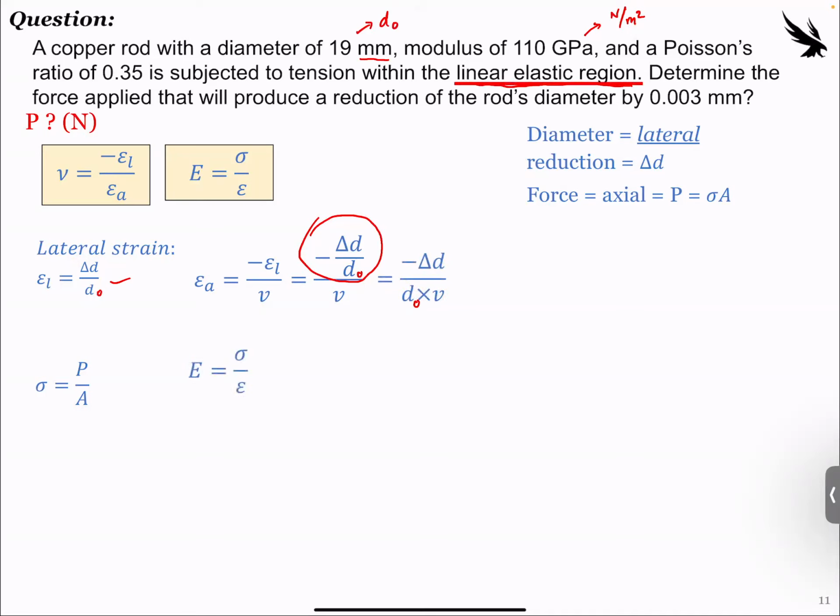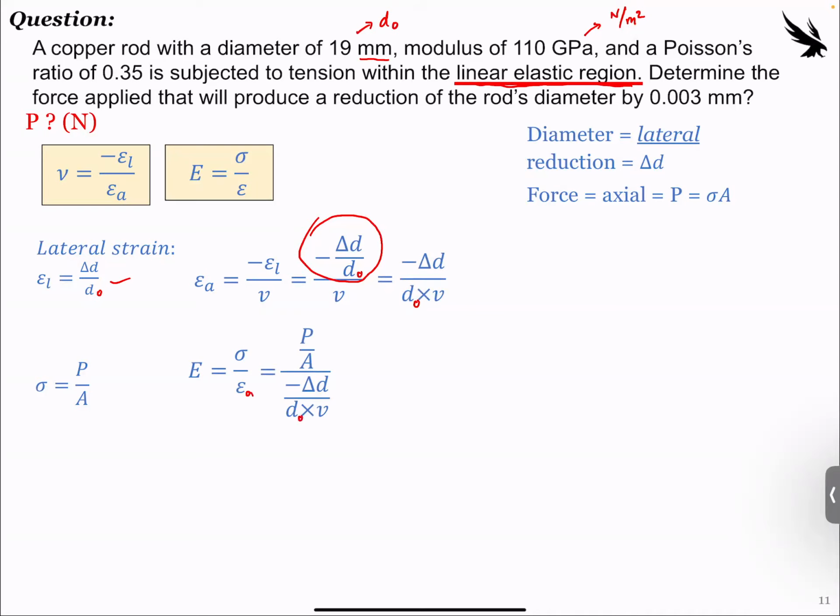So looking at the Young's modulus, since we're in the linear elastic region, we can solve for our stress: sigma equals force P divided by A, and then the axial strain, since that is the axial direction, the same as before.